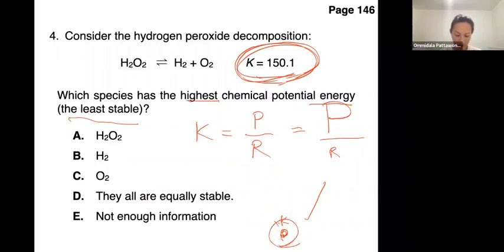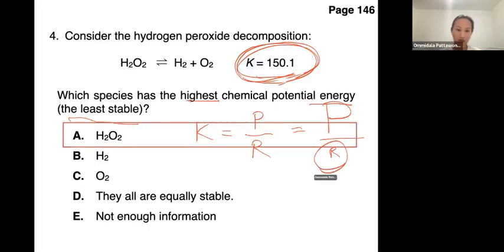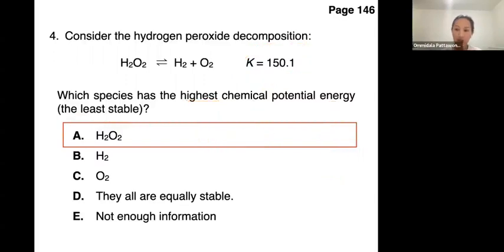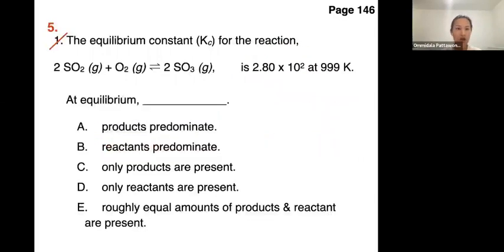So the product is more stable than the reactant because it produces more of the product. It's going to go towards the species that are more stable. So the one that is least stable is the reactant, and the answer would be A. Again, the K value tells you about the stability of the species within the chemical reaction.